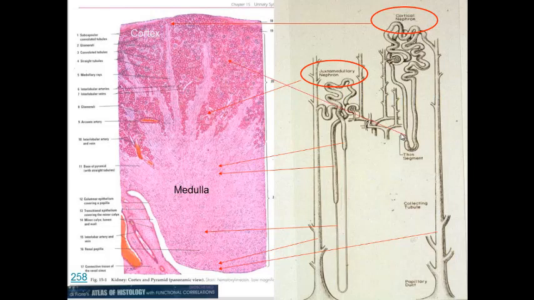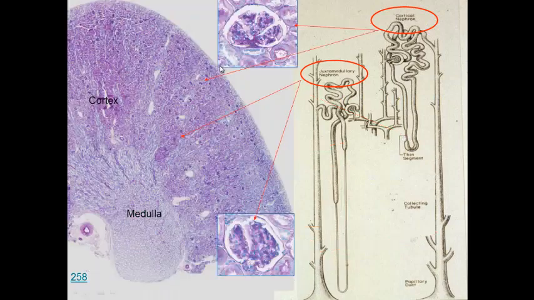But here you can see where the thin portion of the loop of Henle is located in the cortex for the cortical nephrons. And here we can see in this one slide the dark glomeruli. These are the cortical nephrons and the juxtamedullary nephrons, which we really can't tell much difference.